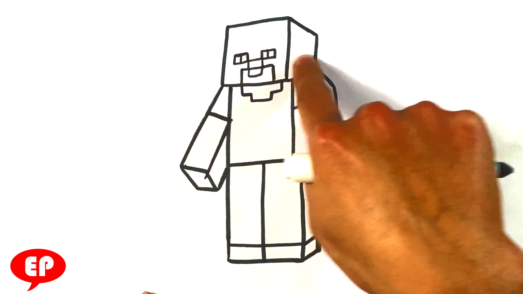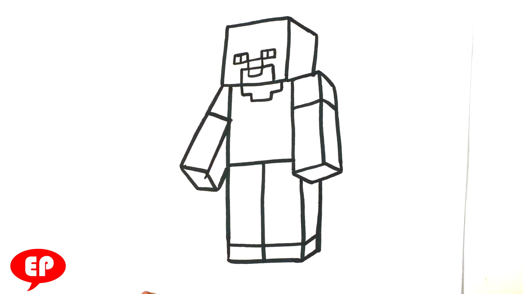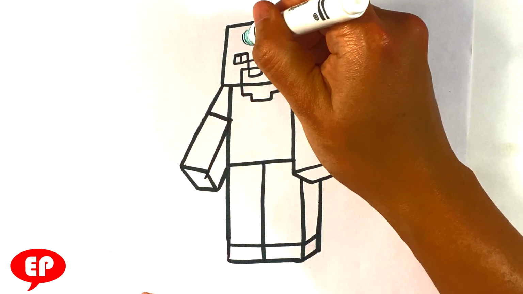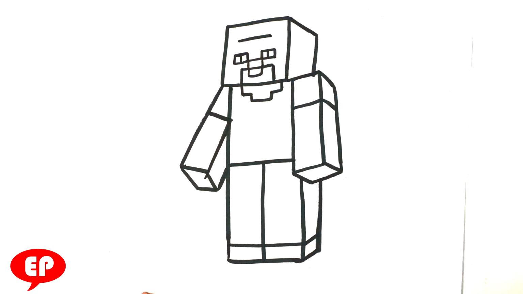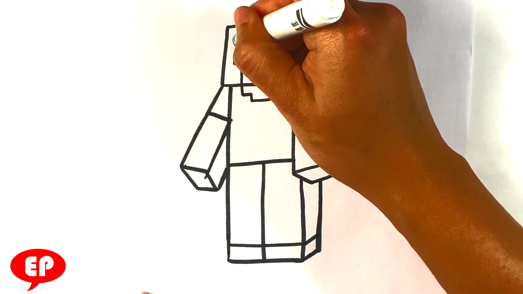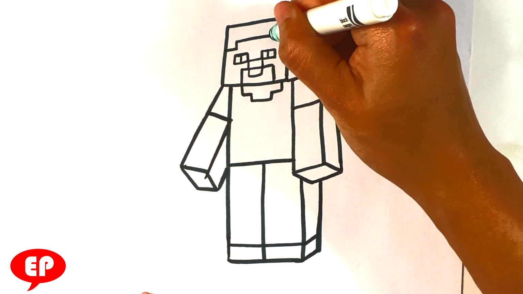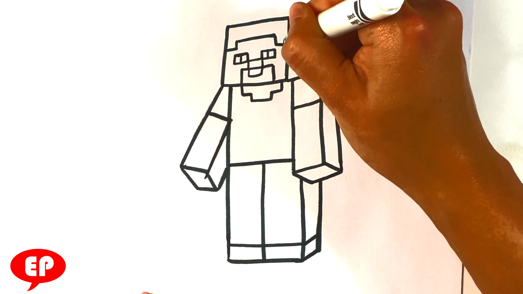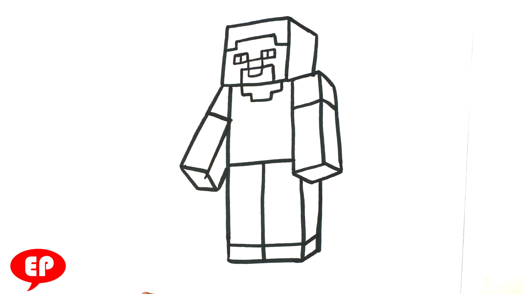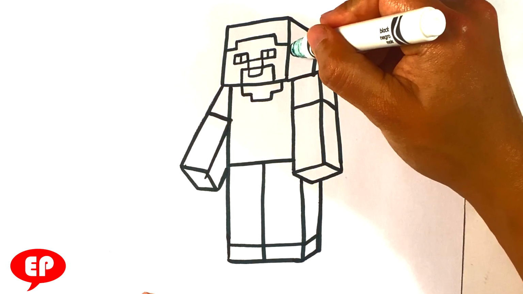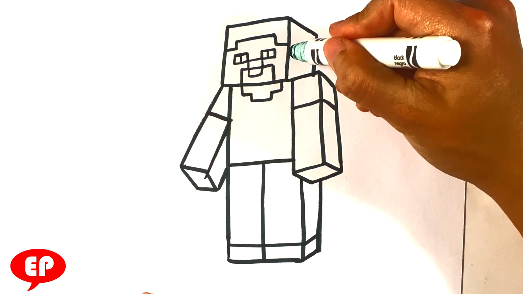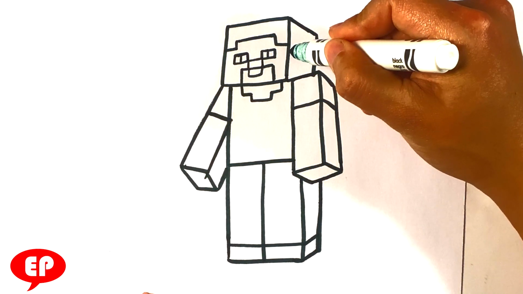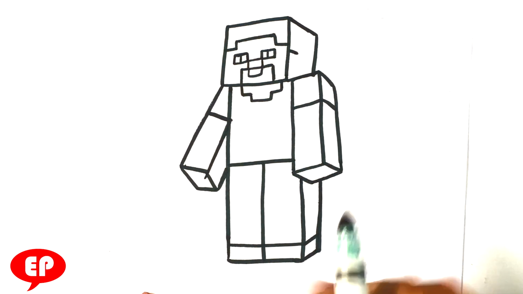We're going to draw his hair now. Okay? So he's got a straight line over here at the top. Down, left. Down, left. Over here, we're going to go to the side of his head, okay? And it's going to be a line and an angle, right?